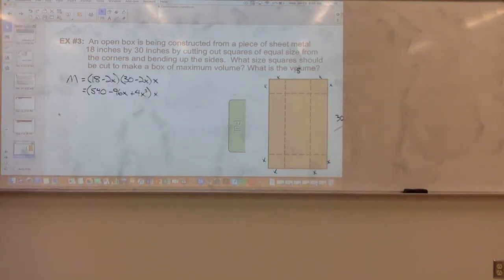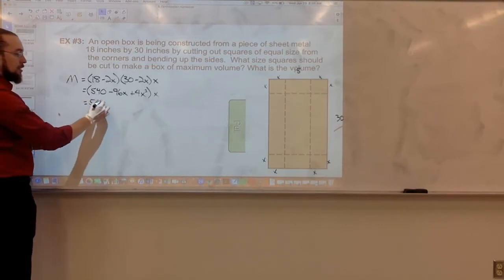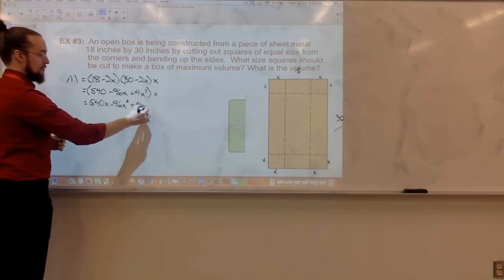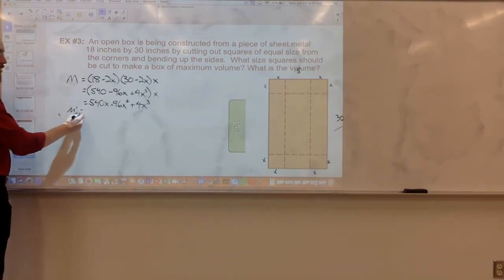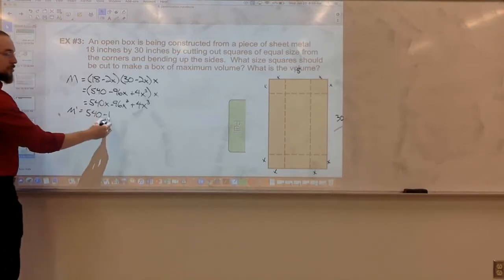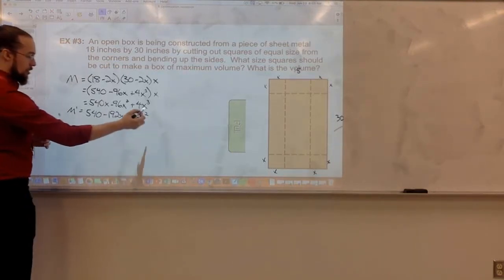Then multiply that all by x. Derivative time, right? So I can just use the power rule now. We get 540 minus 192x plus 12x squared.